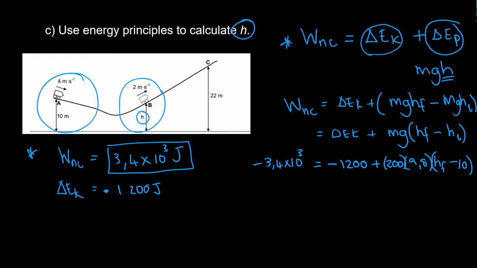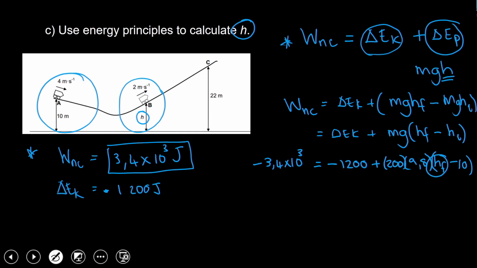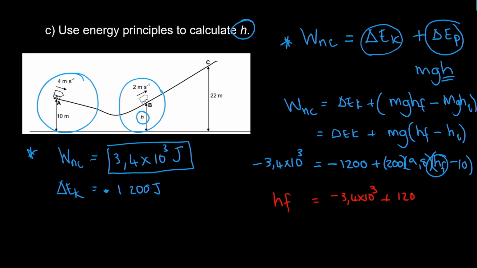We are going to rearrange this equation so that we make h the subject of the formula. There we go. We've made it the subject of the formula, and this is what it's going to look like. 3,4 times 10 to the 3 plus 1,200. So this effectively gets moved to that side. That's why we're plussing it.